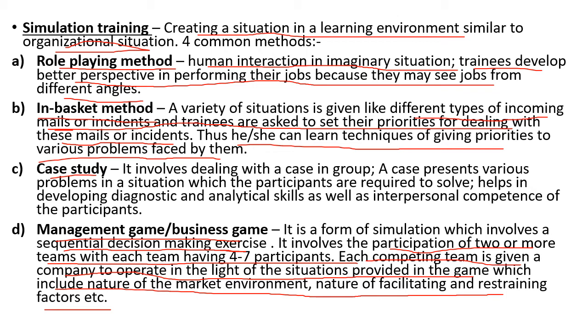That is, various incidents or various market environment situations are given, or there are several government restrictions. How will you operate in such situations? How will your marketing strategy be? Okay, so the competing team is given a company to operate in the light of the situations provided in the game, which includes nature of the market environment.